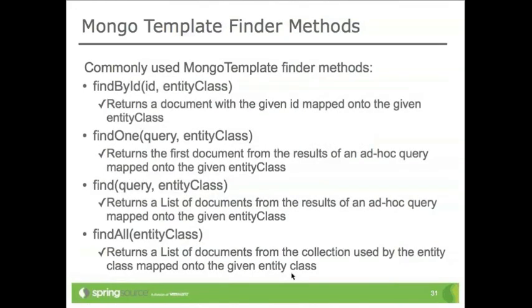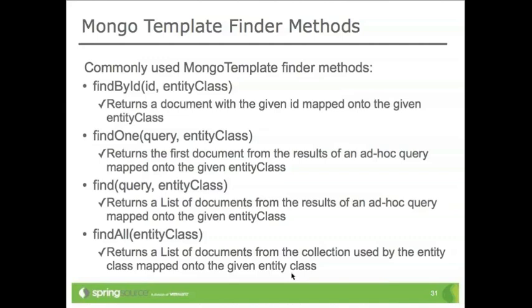And going over to the finders, you can find by ID. So you just pass in the ID of the entity class. You can pass in a complex query, and then you can say find one, which will just give you back the first result, or you can just say find, which will run the query and build a list of all the documents that match that query, convert them into the POJO class instances, and give that back in the list.